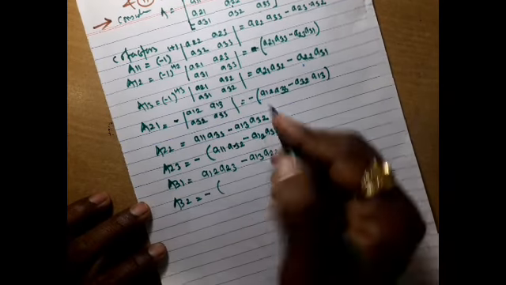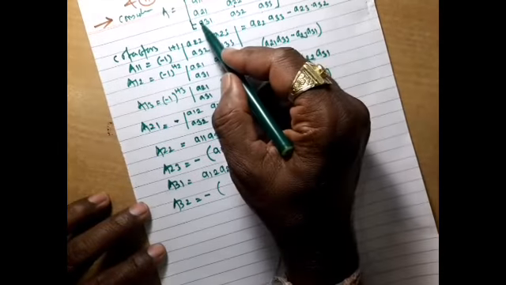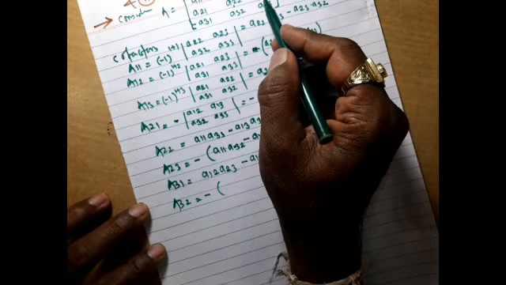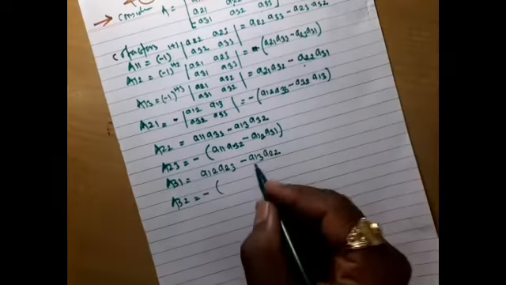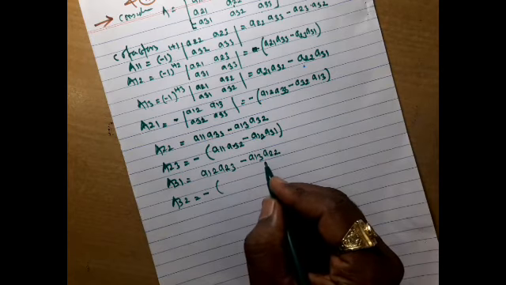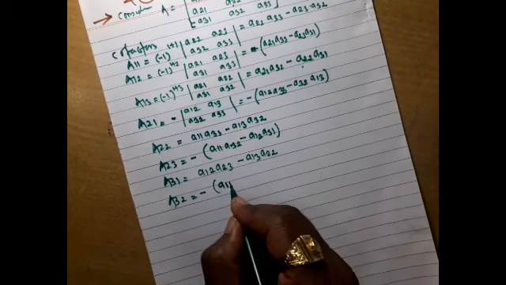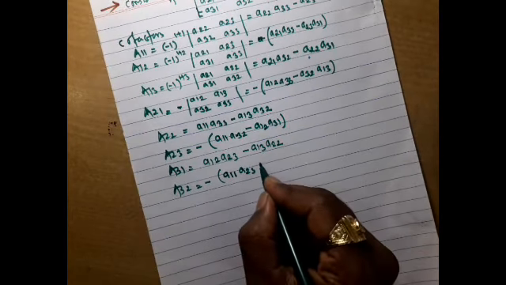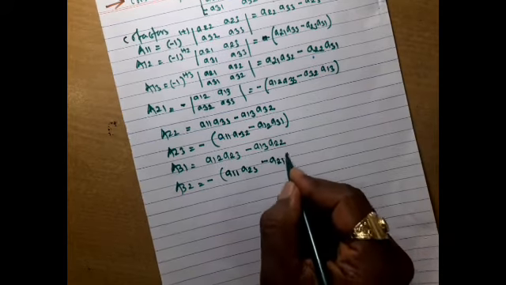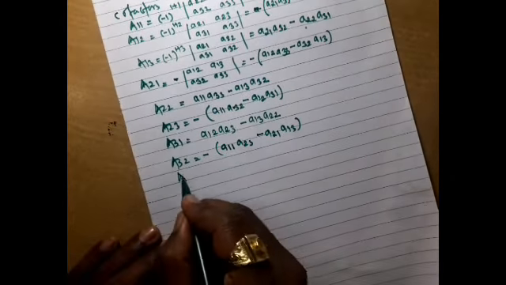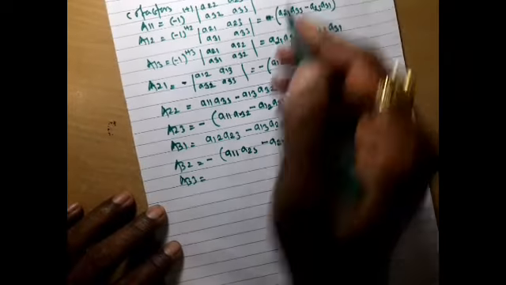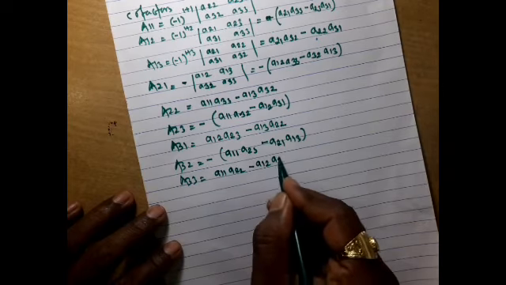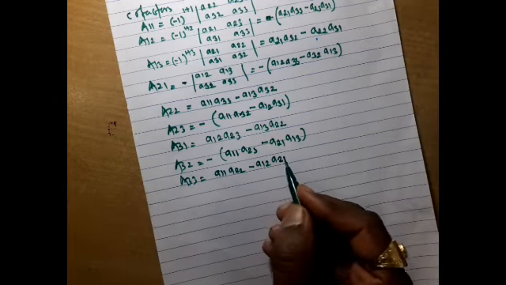A32: A32 means this element; delete this row and this column, and it is minus into the bracket a11 a23 minus a21 a13. And last, A33, this element: it will be a11 a22 minus a12 a21.